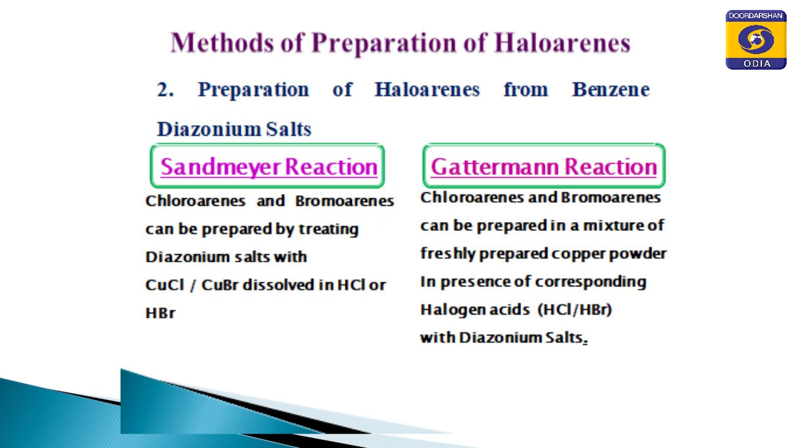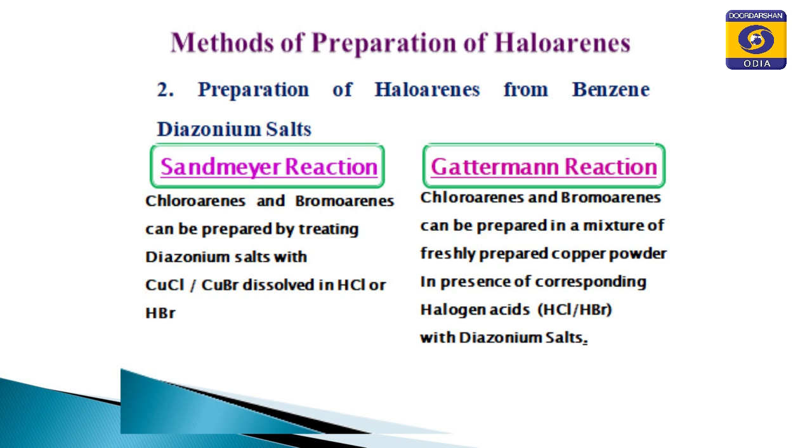What I have discussed is that chloroarenes and bromoarenes can be prepared by treating the diazonium salts with cuprous chloride or cuprous bromide dissolved in HCl or HBr.